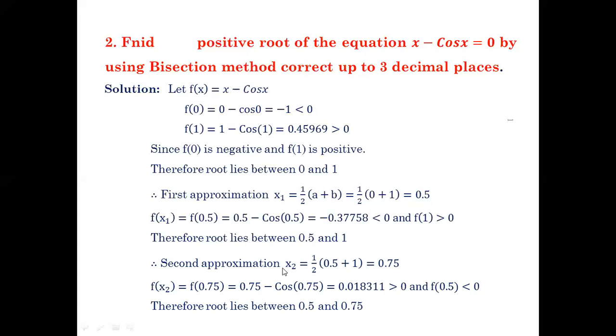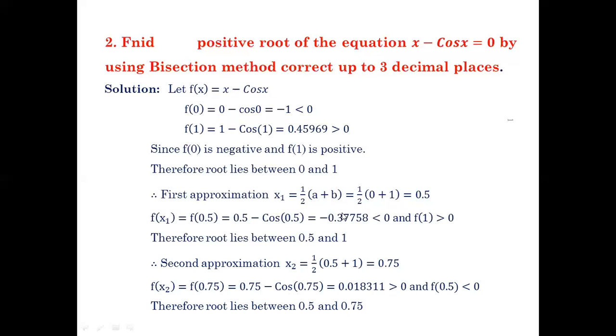Therefore, the second approximation, x2 equals 1 by 2 into (0.5 plus 1), 1.5 by 2, which is 0.75. Then find f of x2. In f of x, replace x by 0.75, that is 0.75 minus cos 0.75, which is equal to 0.018311, greater than 0, so it's positive.